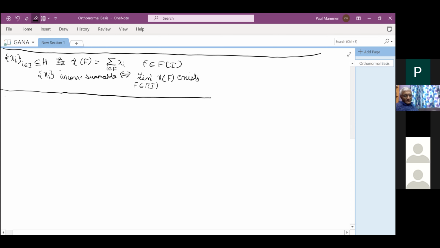The limit over F belonging to Fi of x_F exists if and only if for all epsilon greater than 0, there exists F_0 belonging to Fi such that for all F, G greater than or equal to F_0, the distance between x_F and x_G is small.